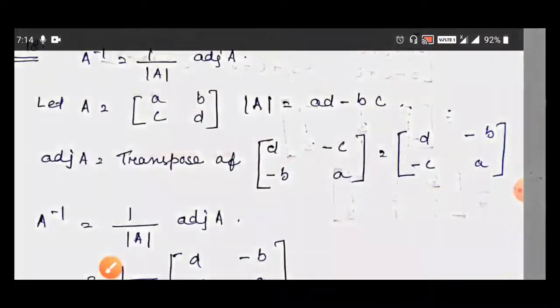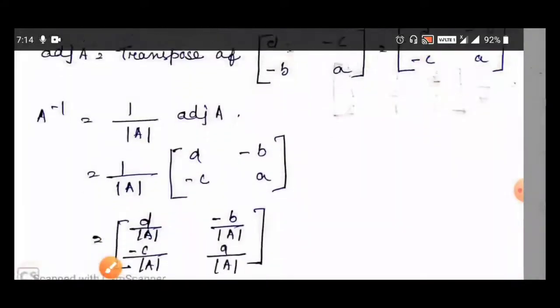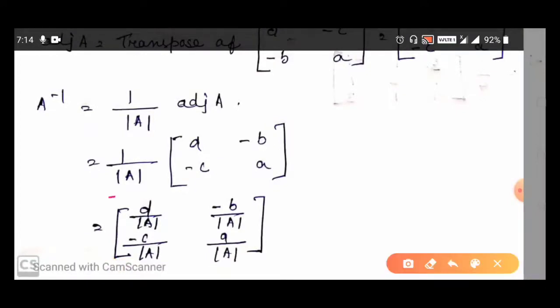Now we will put this in place of adjoint A. If we put this in place of adjoint A, then after multiplying it by 1 by determinant A, the matrix will become like this, because every element of this matrix will be multiplied by 1 by determinant A.